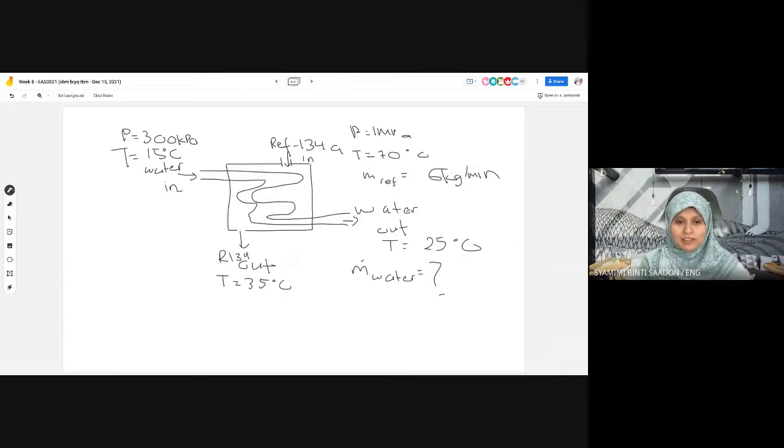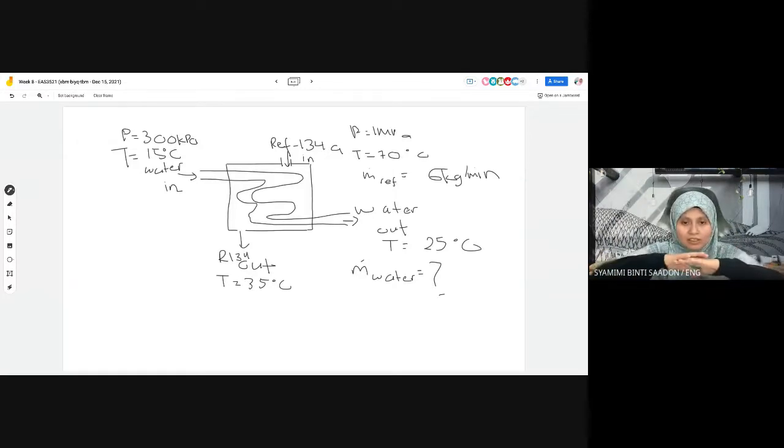For Q, we understand that the device is a heat exchanger, but Q in the energy balance means heat transfer into or out of the device, from the heat exchanger to outside or from the outside to inside.